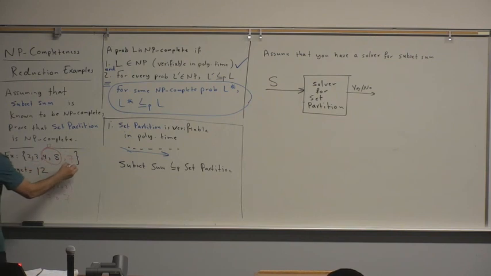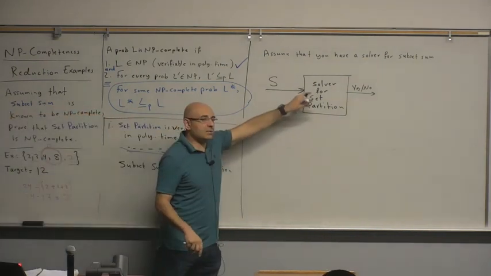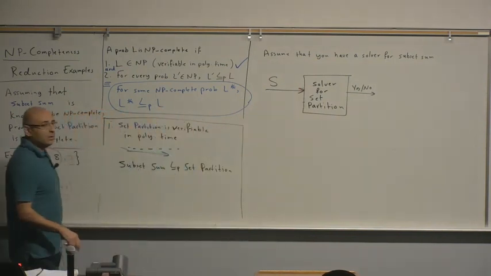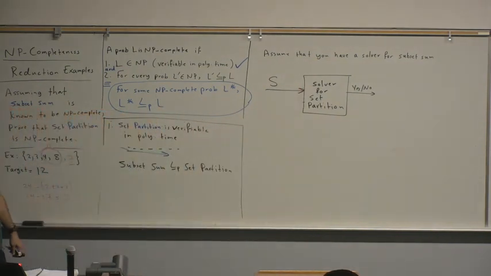So if you give this set to the solver, and it manages to split it in half, each half will be the 12, the target that you are looking for.